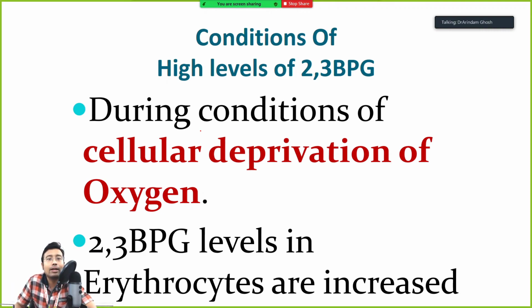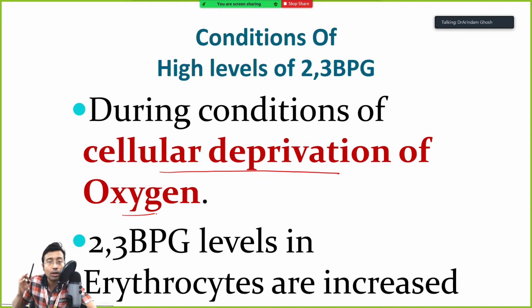So, what happens when the condition of 2,3-BPG is high? During cellular deprivation of oxygen, very important, mind it, meaning in anaerobic condition, cells cannot produce energy via electron transport chain or TCA cycle.